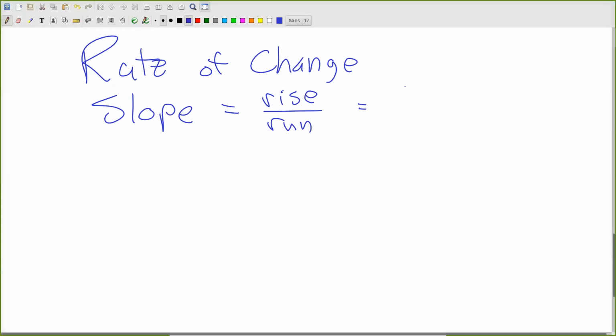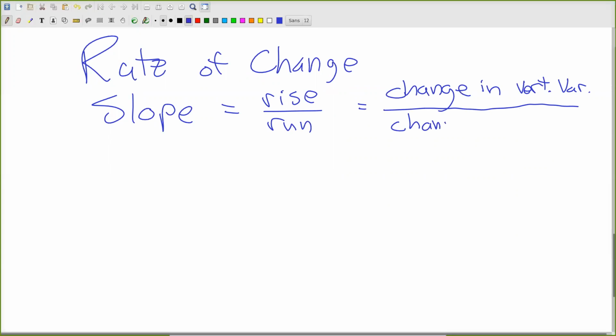And it's also what I mentioned earlier, it's the change in the vertical variable divided by the change in whatever your horizontal variable is, if we're looking at a graph.